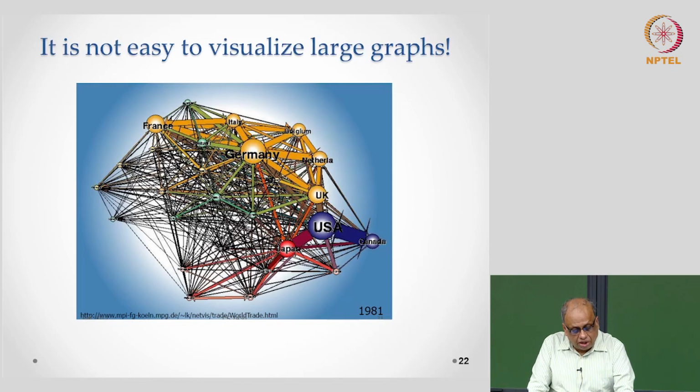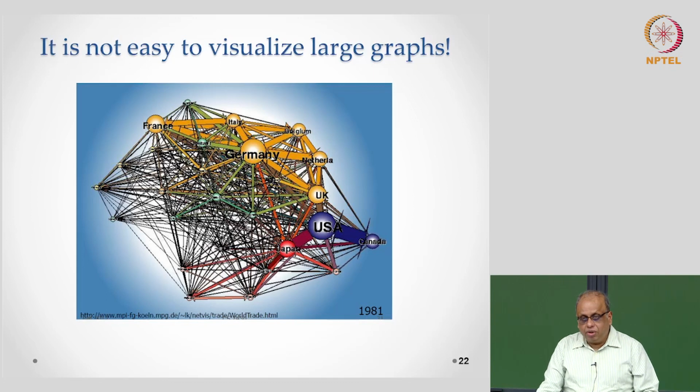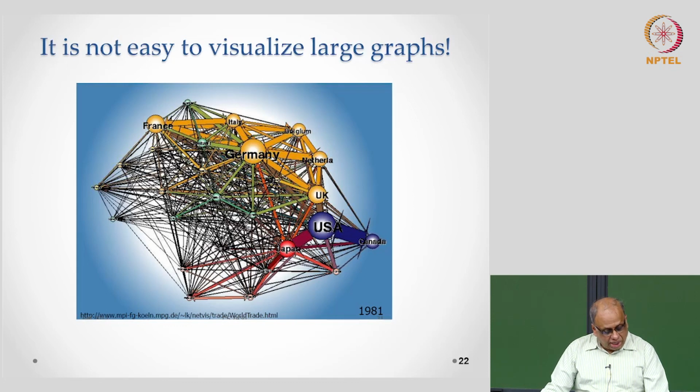For the links, you cannot see from which node to which node they are going, and this is just a tangled mess, what we call a hairball visualization. It just shows a lot of clumps of data, so you cannot make head or tail out of it. This is not a good way to visualize graphs. Most of the time, if you have a large number of nodes, a lot of the graph visualization algorithms will come up with this kind of view.